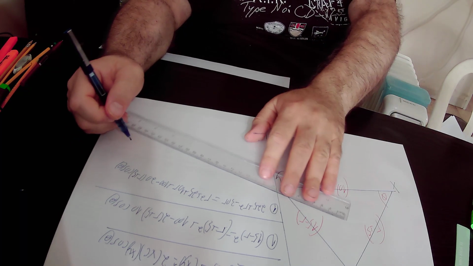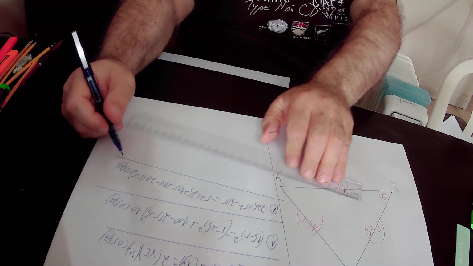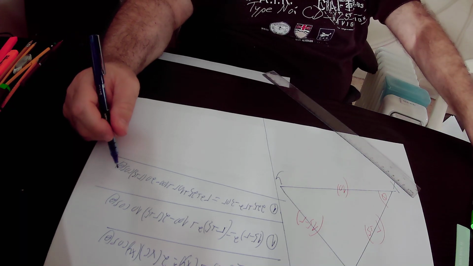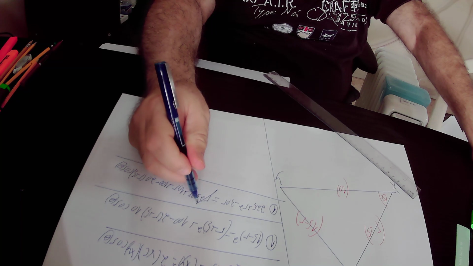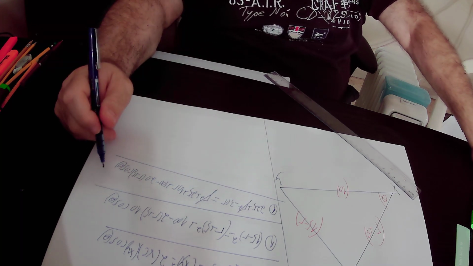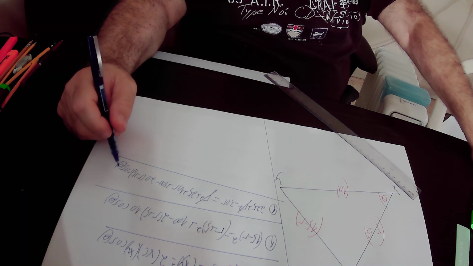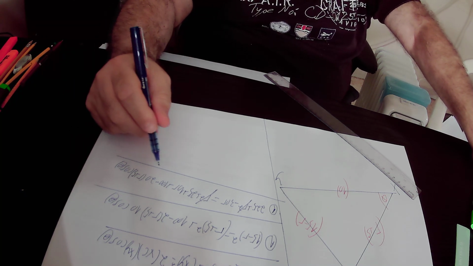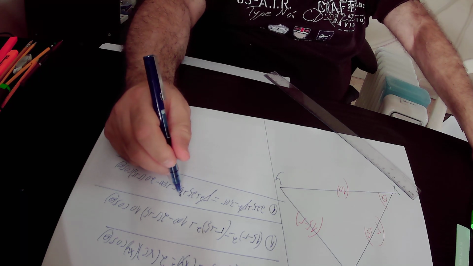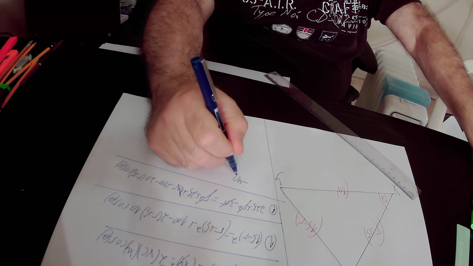Okay. Here we have r squared on both sides of equation number 1, so r squared will get cancelled. We will subtract 10r from equation number 1, and we get here minus 40r.